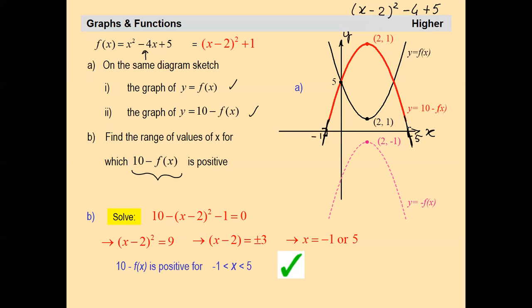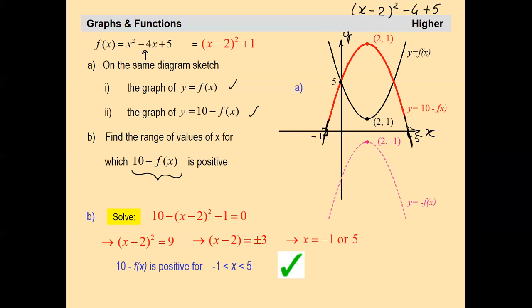Okay, so you need to be able to manipulate graphs. You need to be able to remember how to complete the square in this example. Okay, but you're not going to get an example that complicated. But you can see the step-by-step that we've used through the graph transformation. And that is Nat 5.